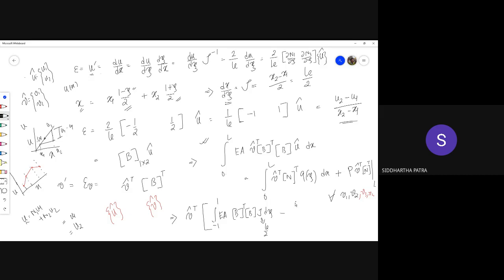Then comes another term, integral from -1 to 1, n transpose q of xi, LE divided by 2 d xi, and then comes another negative term, p times n transpose evaluated at x equal L. Okay.